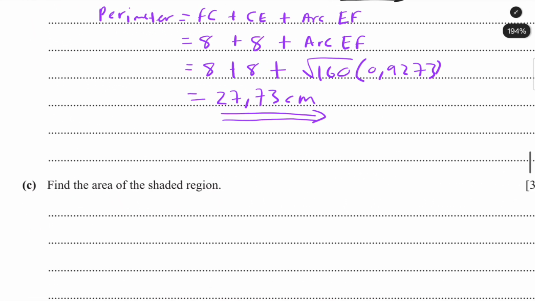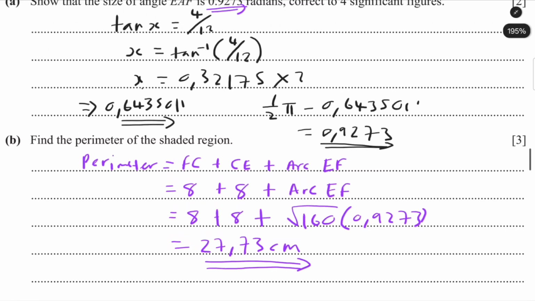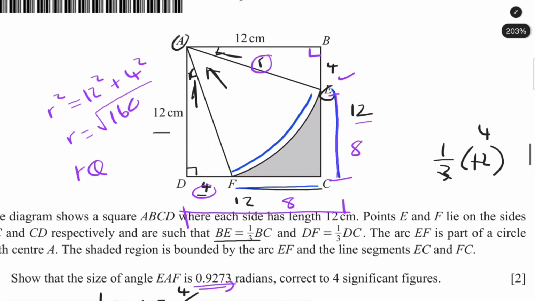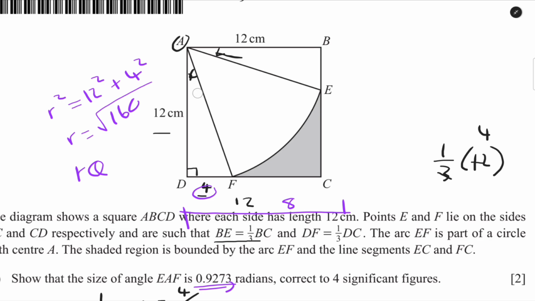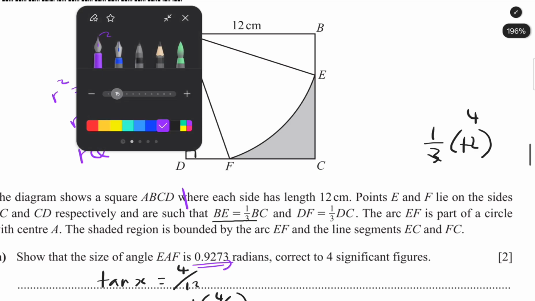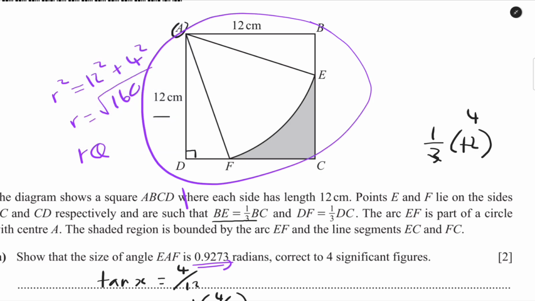Moving on to part C, it says find the area of the shaded region. So for us to get the area of the shaded region, it's quite simple. We're going to first say area of the whole shape, then you subtract area of the unshaded part to get area of the shaded part.